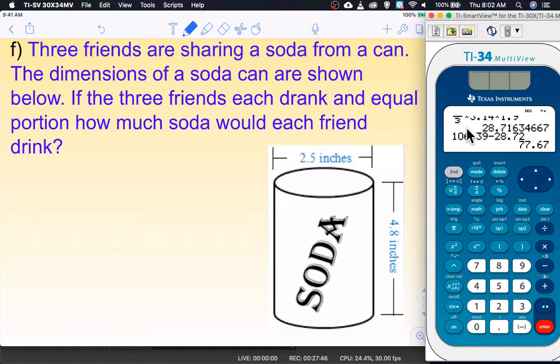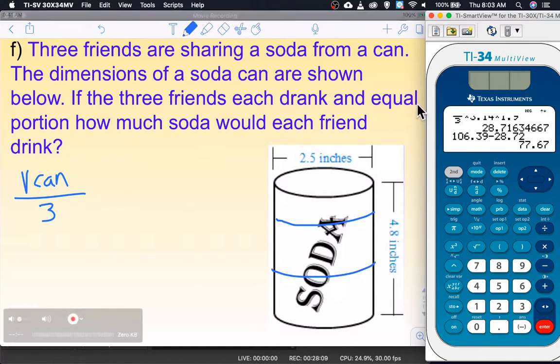All right, there's 2 different ways you could game plan this problem properly. Way number 1, you could find the volume of the can. That would give you the whole soda, and then you could divide it by 3. I'm guessing that's what most of you did. The other strategy is to imagine cutting the whole can into 3 equal sections.